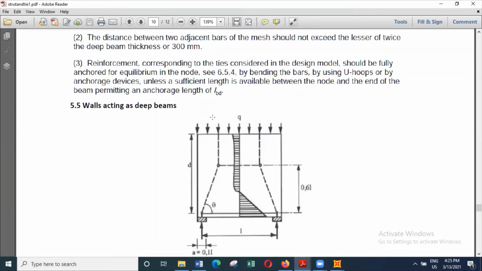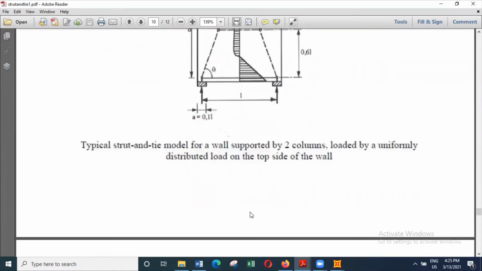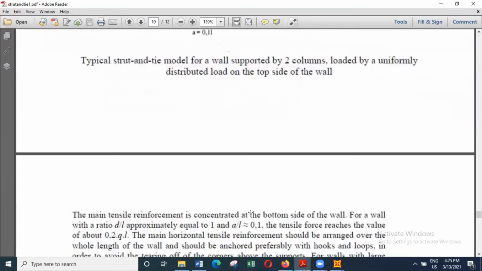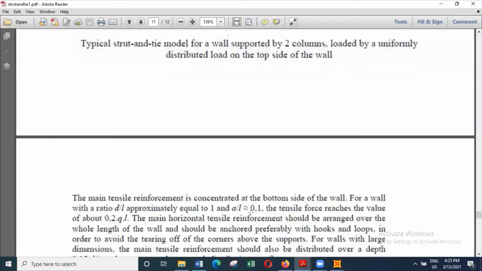So then the beam which behaved in the normal way will become a region with concentrated loads. Because of that reason, we can go with strut and tie and design the wall as we have done in the example. But when you do that, you have to provide additional reinforcement.